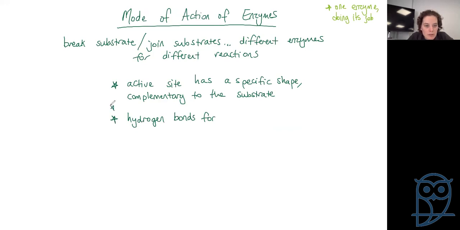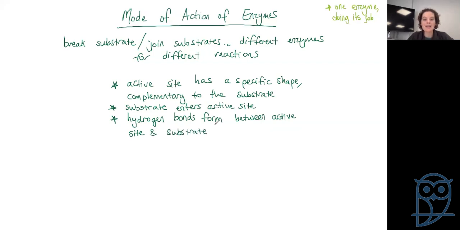So we should probably put in here: substrate enters active site. Hydrogen bonds form between active site and substrate. Now our substrate is held in place, and that's where the magic happens.